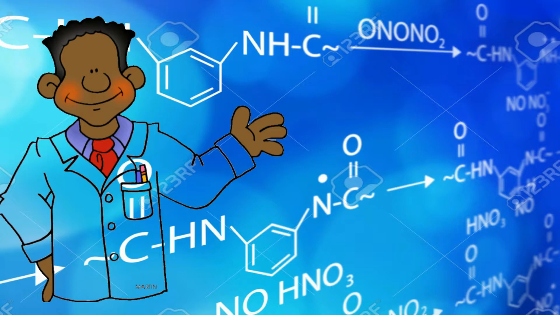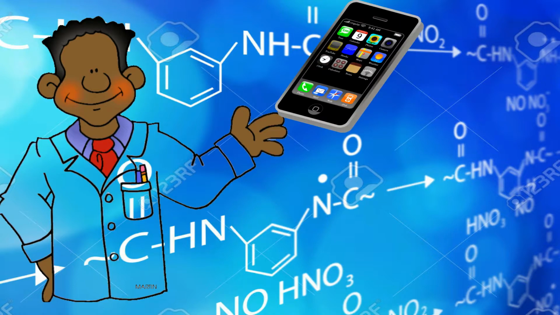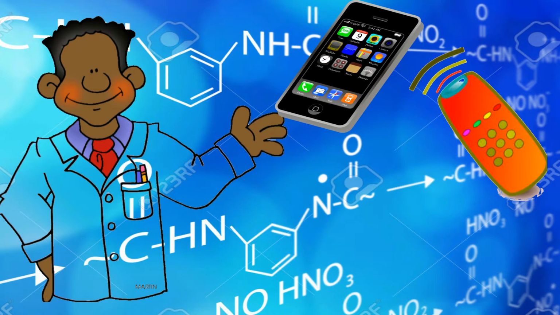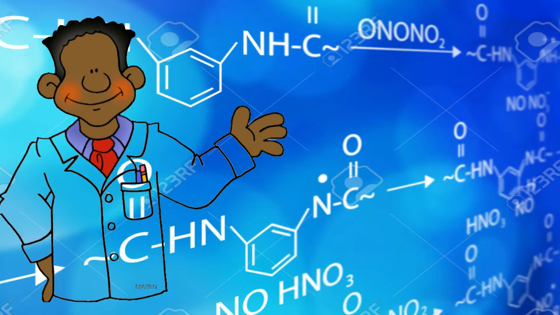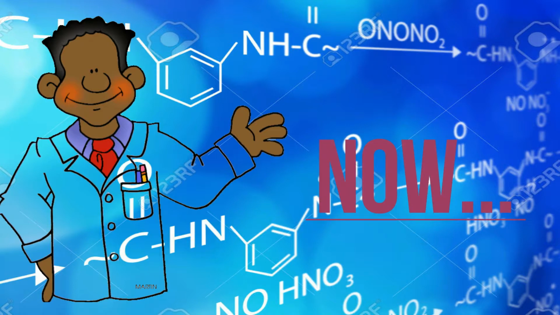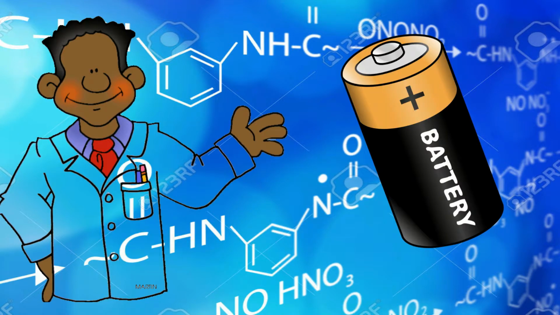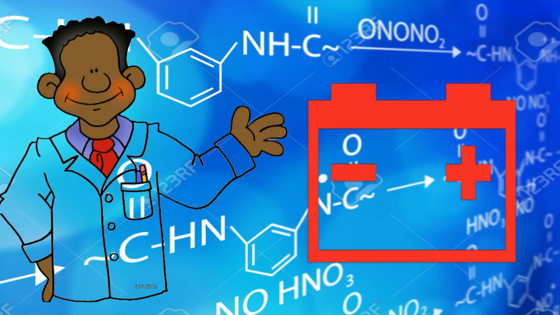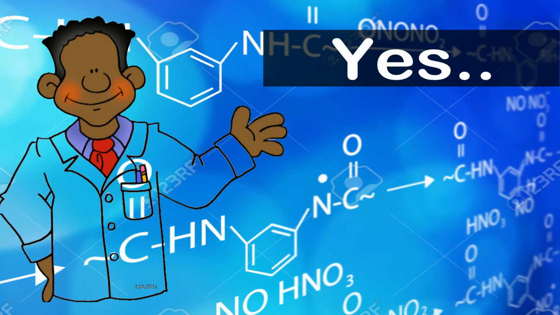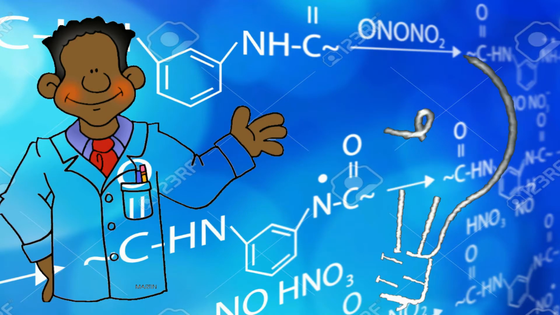We use them in many devices like cell phones, remote controls, flashlights, etc. So, what is happening inside the battery? The basic concept in these types of batteries is that they use chemical reactions to generate electricity. Yes, chemical reactions can generate electricity.